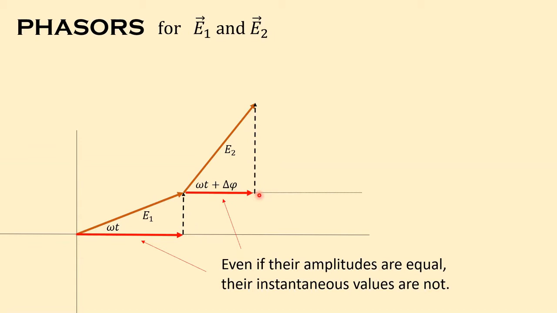So their instantaneous values are not equal. Evidently, these two fields are out of phase, like the animation that I showed just a few moments ago. Those two E vectors were not oscillating in phase. We can see that here by looking at the horizontal projections of the phasors. Or you could just note that there's a kink here. The phasors are not collinear, or they're not parallel. So we know they're not in phase.